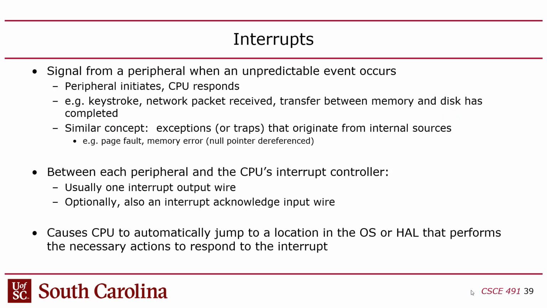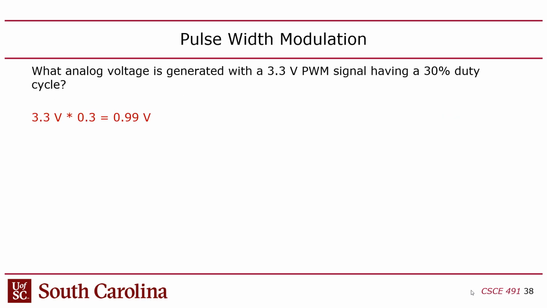All right, so a question on the quiz might say, what analog voltage is generated with a 3.3 volt PWM signal having a 30% duty cycle? I should have probably said, what is the equivalent analog voltage for a 3.3 volt PWM signal having a 30% duty cycle? And the answer there is you multiply, right? So 3.3 volts times 0.3 is 0.99, right?